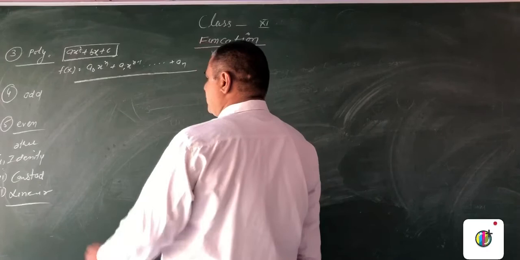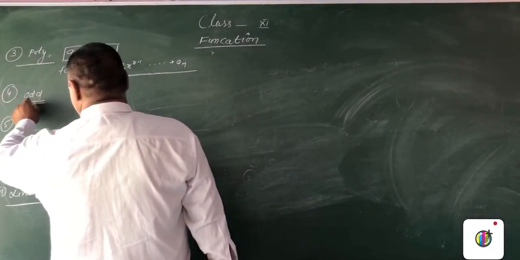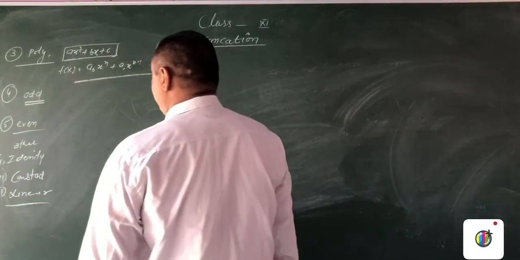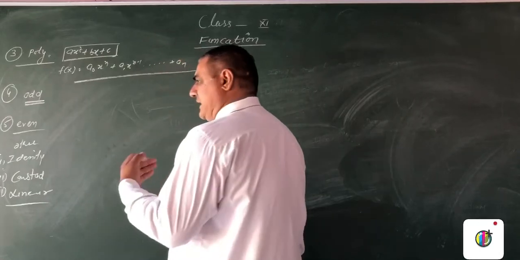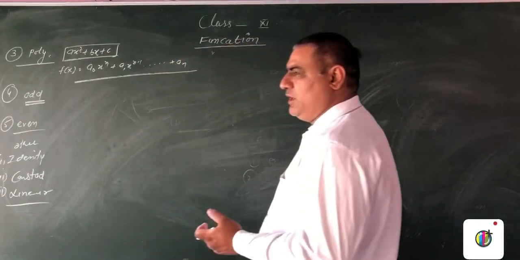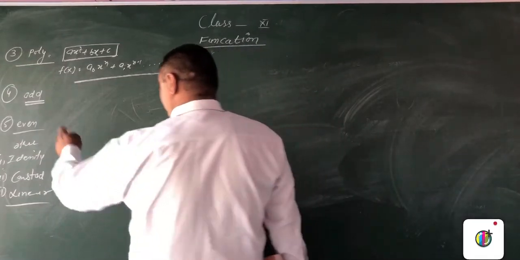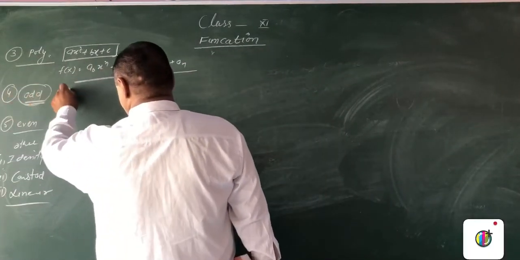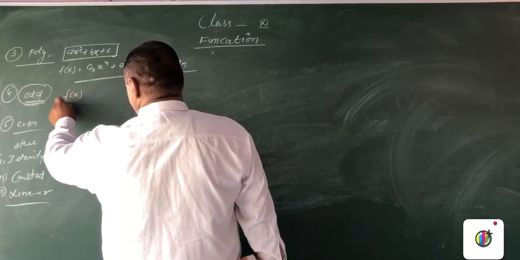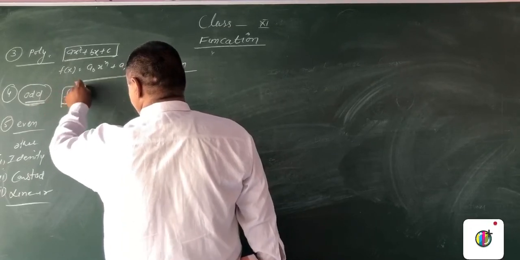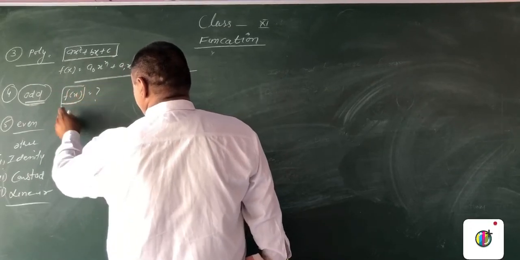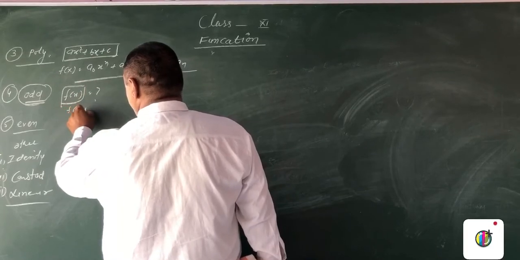Next topic is odd function. In algebraic form, we take odd values like 1, 3, 5, 7 and so on. But in functions, if we are given a function f(x), then we put x equal to minus x.